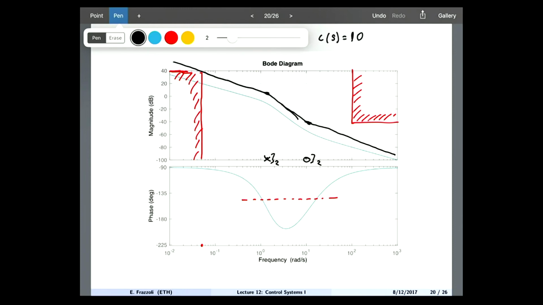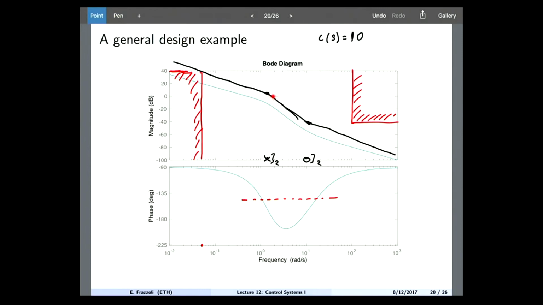But what else? Is this a stable closed loop? So I would add the tau s+1 term. Yeah, but why? What can you say about the closed loop stability? No, it's not closed loop stable because at crossover we have more than minus 180 phase.